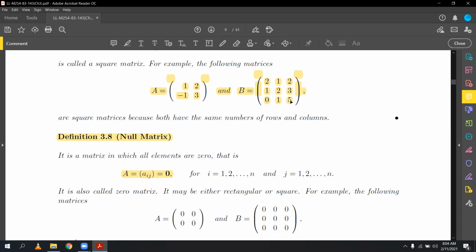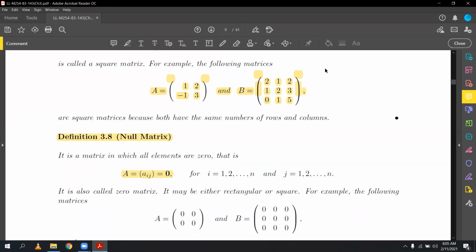One is the diagonal, where i and j are the same. One is the upper part, where i is always smaller than j, and one is the below part, where i is always greater than j.